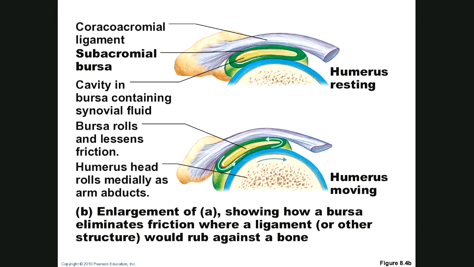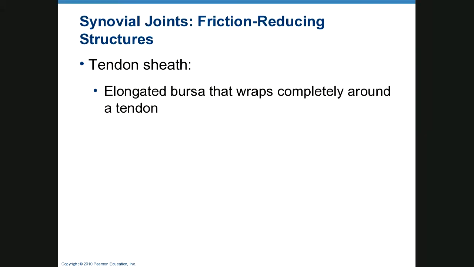Now, here's an example. This is the coracoacromial ligament. This is a subacromial bursa. And so when you get movement here, it prevents this ligament from rubbing directly on this bone. You don't want it rubbing directly on the bone because it would not be a smooth, nice operation.